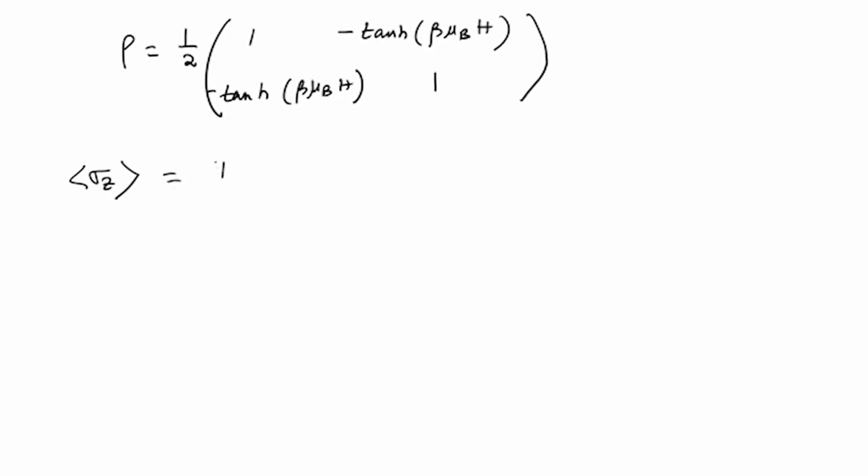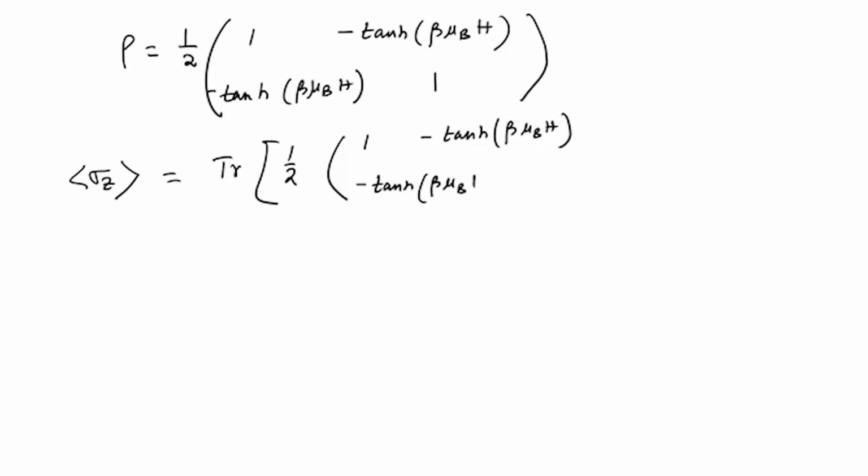So, this is equal to the trace of half, 1 minus tan hyperbolic beta mu b h and a minus tan hyperbolic beta mu b h and 1, and this is a 0 1 0 minus 1 minus 1 0 and so on. That is the form of sigma z in a representation.